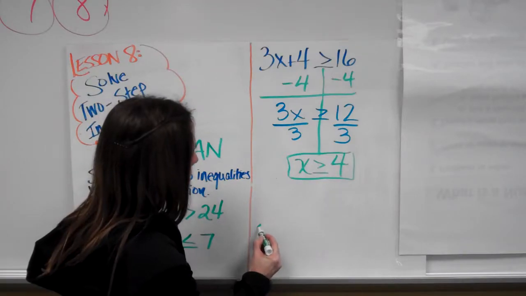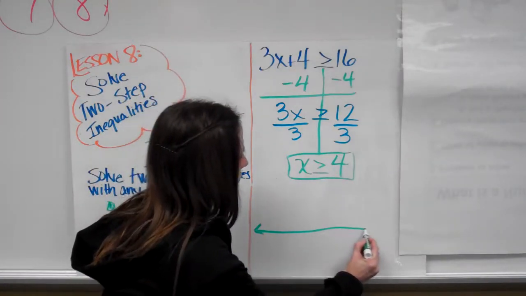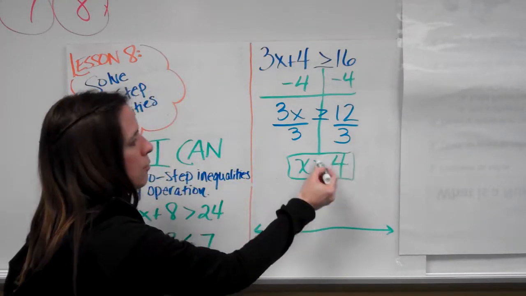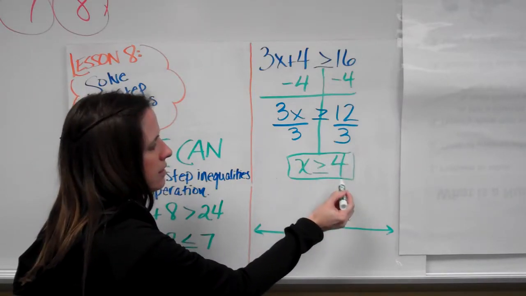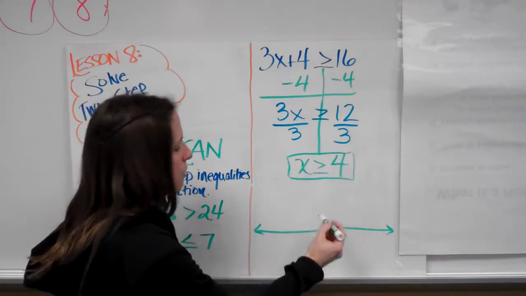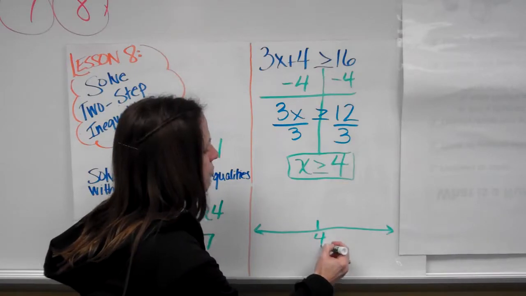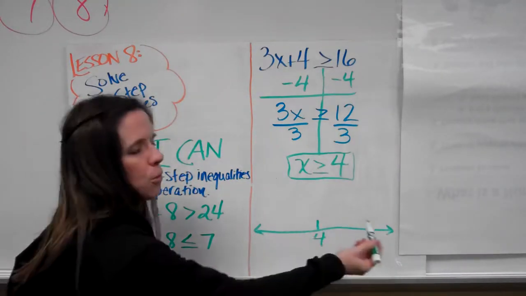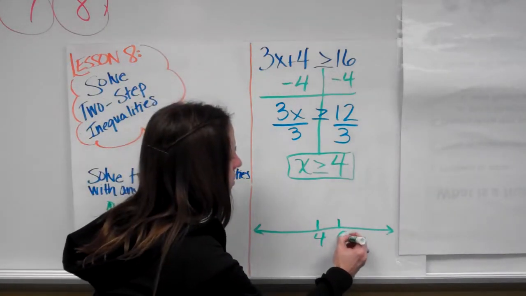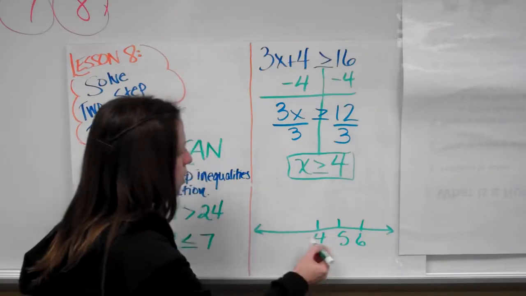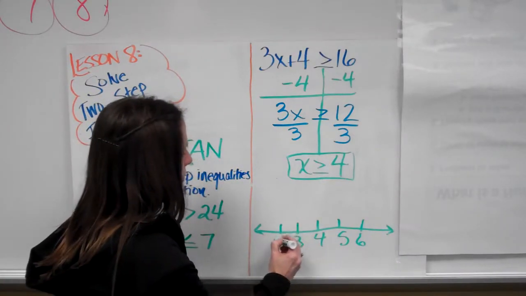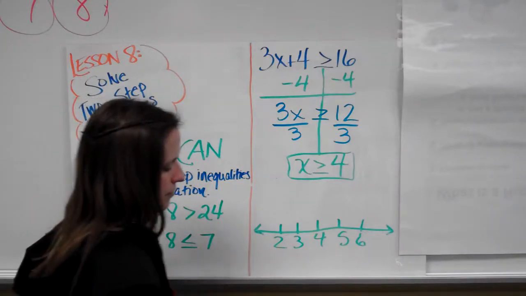Now we're going to get ready to draw our graph. Remember, in our solution set, that number goes in the middle of our number line, so we have 4. And we're going to go 1 or 2 to the right of 4, and 1 or 2 to the left of 4.